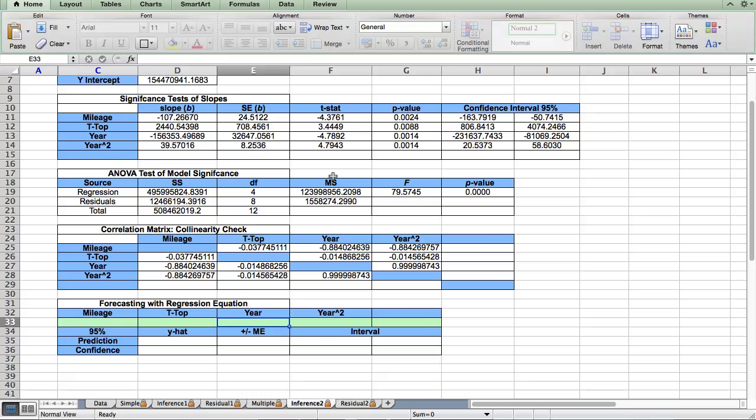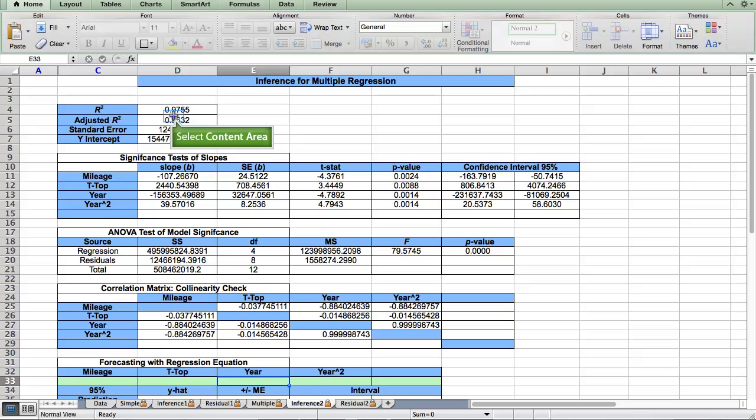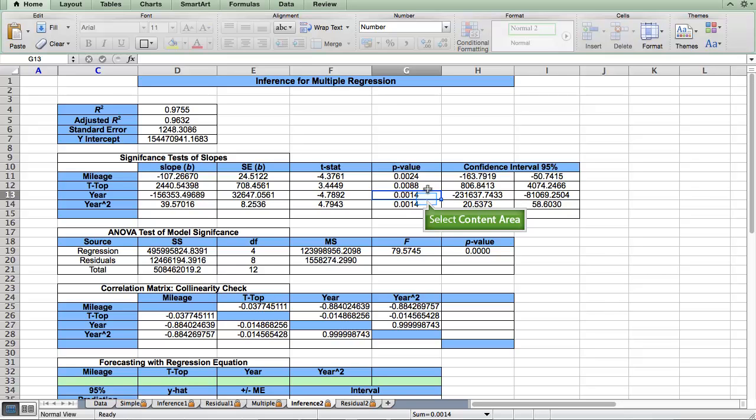Well, our adjusted R-squared is now over 96%. But remember, we had problems with the significance of the variable year. However, adding that quadratic to the model has corrected some of that, and now these variables seem to be the strongest variables.